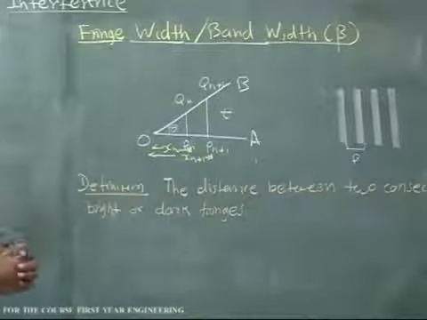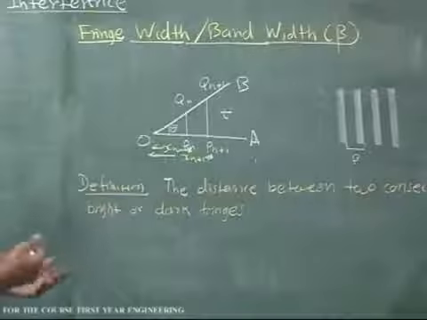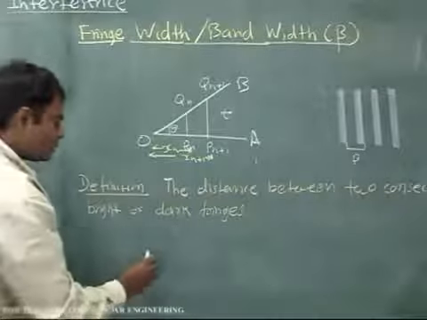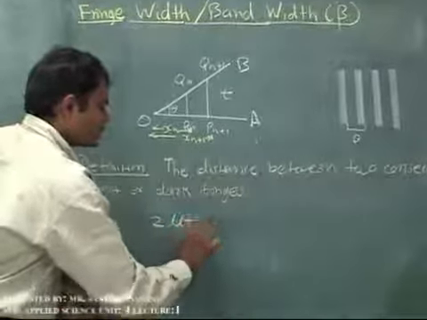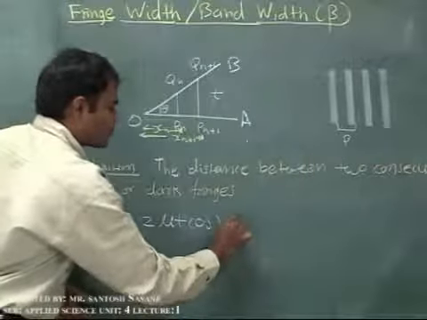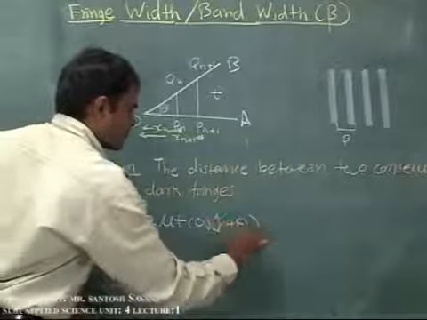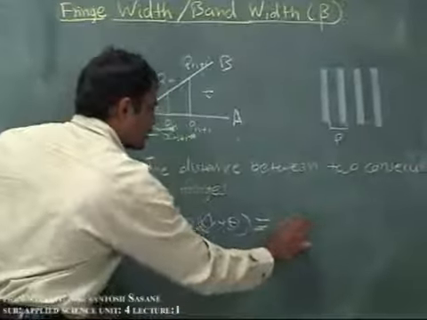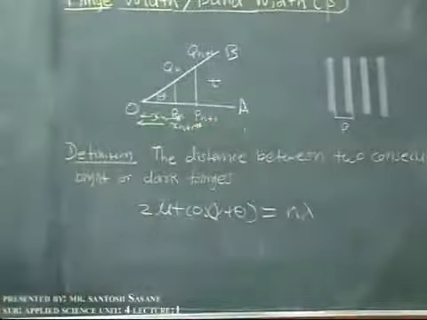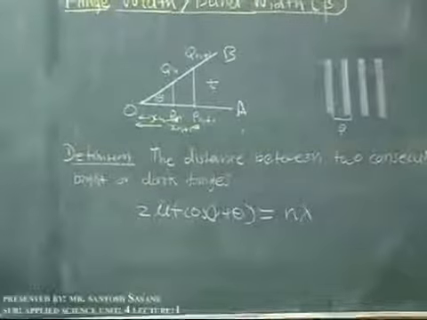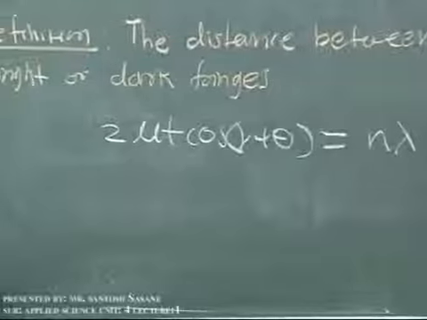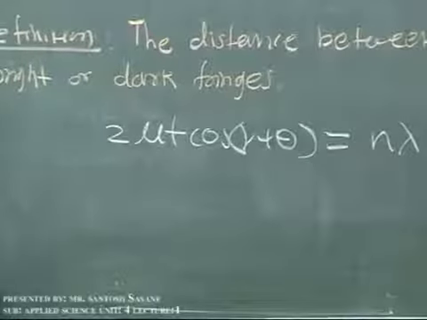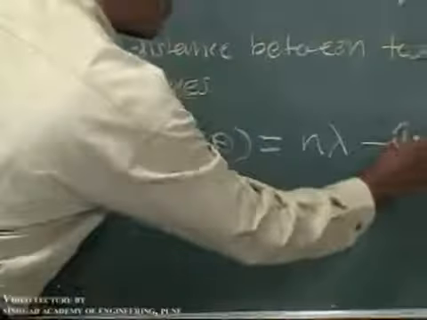Now we have the condition here for a thin wedge-shaped film, the path difference condition for darkness, that is 2μt cos(r + θ) is equal to nλ. So this is the condition for darkness. This is equation number 1.